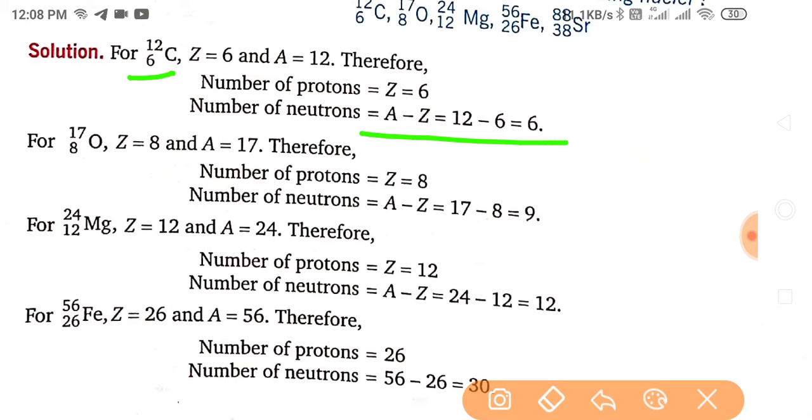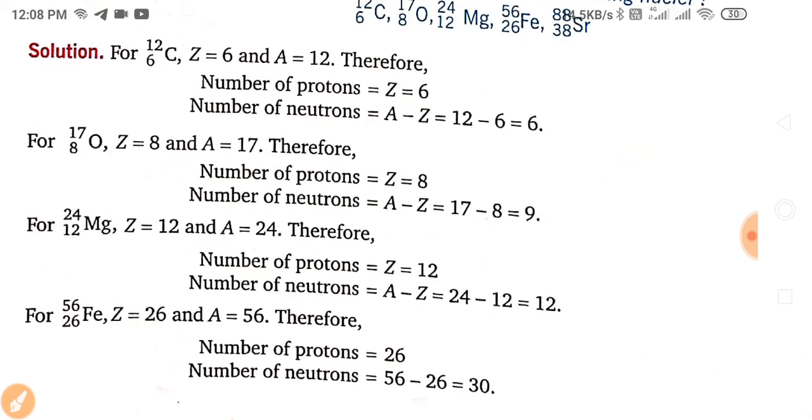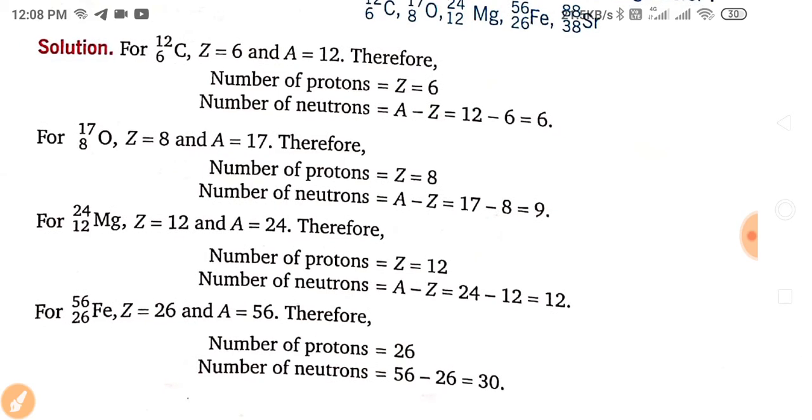And here the atomic number is 8, so its proton number is also 8, and its atomic mass is 17. So we subtract the atomic number from the atomic mass, and we find the number of neutrons, which is 9. So you can read these examples also and you can find them easily.